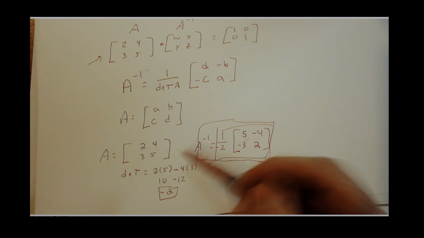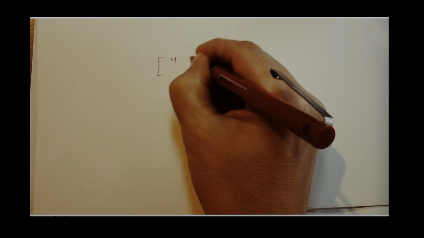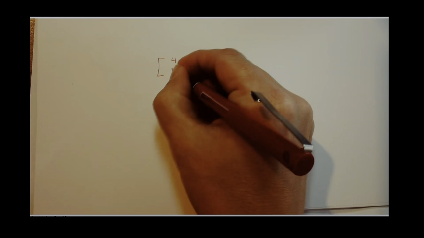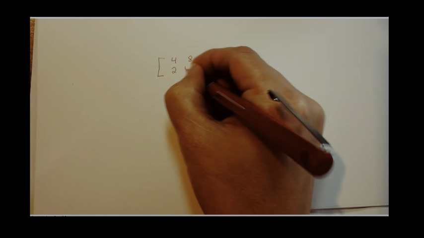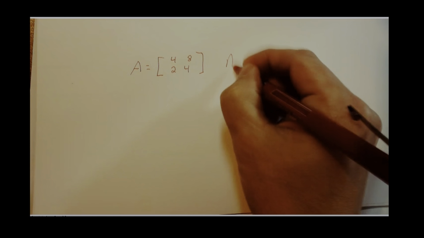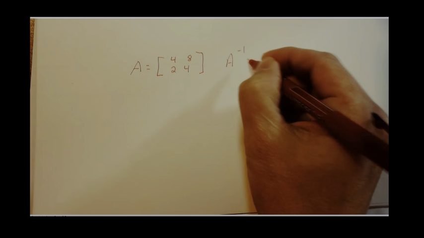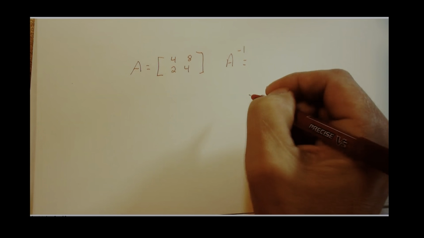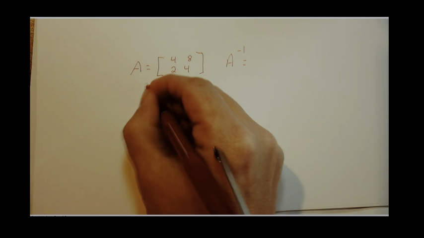Okay. So let's look at a second example. Let's look at the matrix 4, 8, 2, and 4. So here's our matrix. We want to find the inverse matrix if it exists. So step 1, we're going to find the determinant.